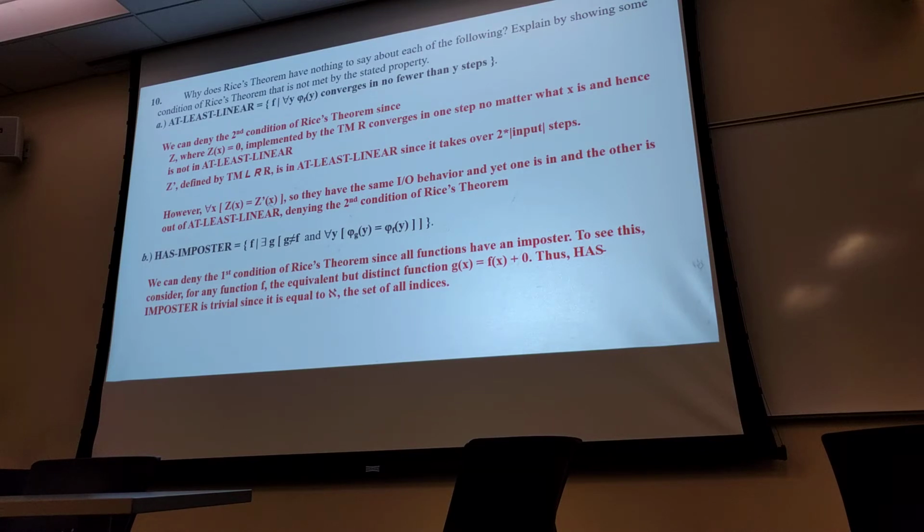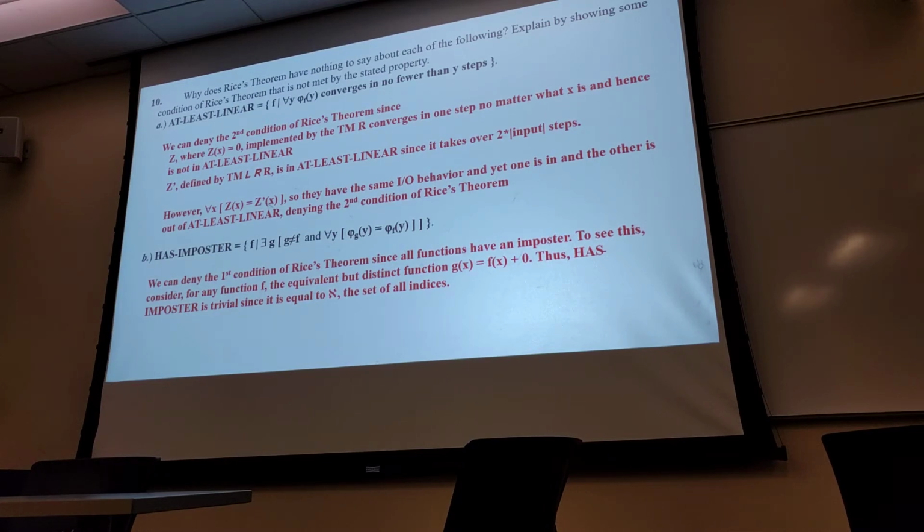It says no fewer than, but it could be quadratic, exponential, super exponential, anything above that. What this is saying is you can give me a function that runs in constant time, and I can give you back a function that does what yours does, and it takes exponential time to do it.